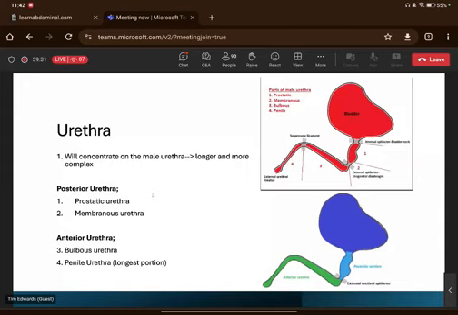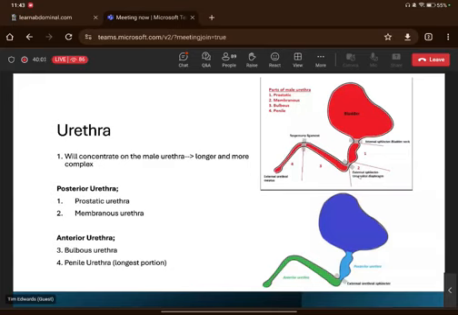As we can see on this schematic diagram here, you've got the posterior urethra, which is anywhere from the internal sphincter, the bladder neck, through to the external urethral sphincter, and this contains the prostatic urethra and the membranous urethra. Number 1, prostatic urethra. Number 2, membranous urethra.